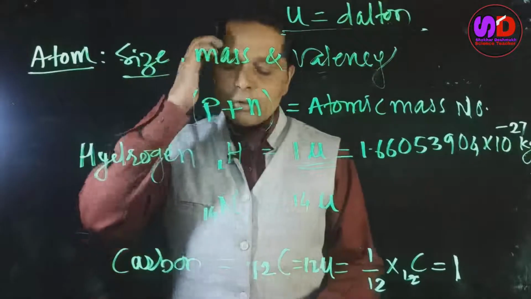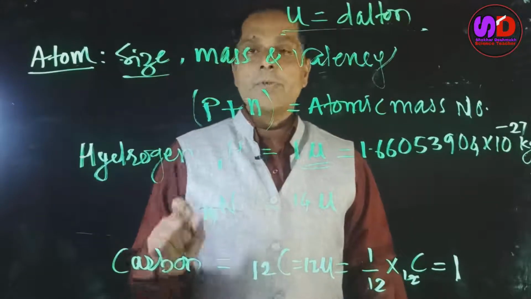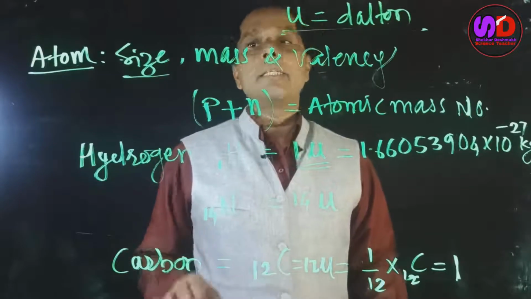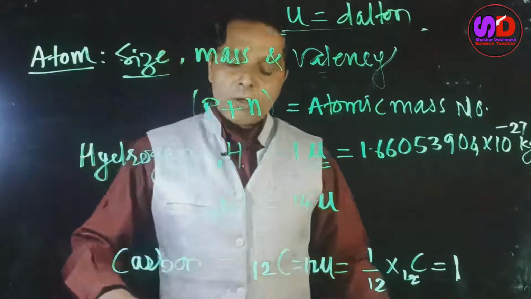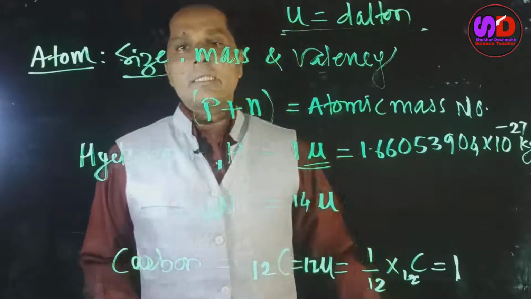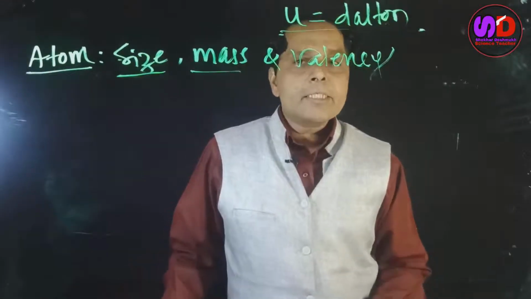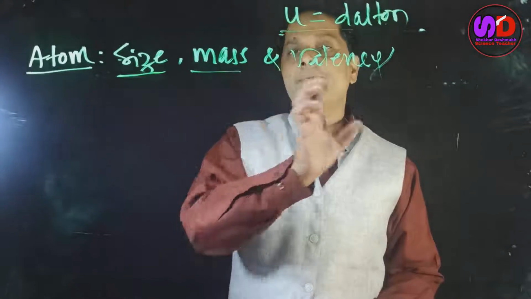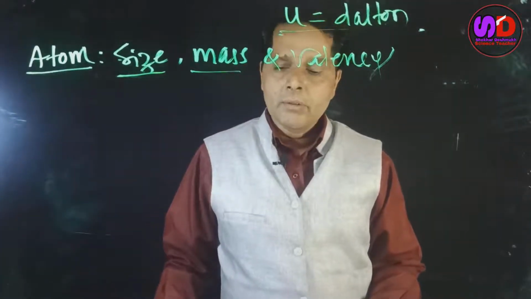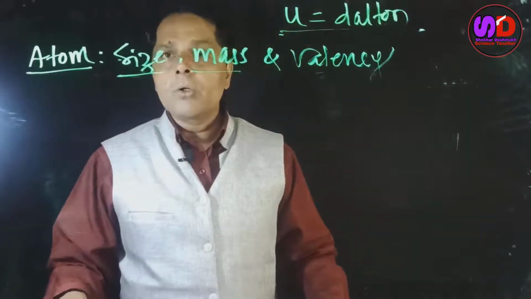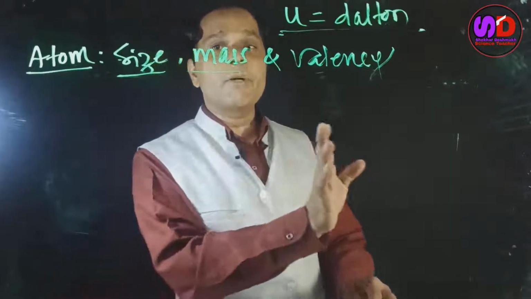So it is about the mass of an atom, which is very small in size. Its mass is also very less. Now let us discuss the symbol of an atom. Let us talk about the symbols which are used for an element or for an atom, because we know that in different languages the names are different for the element.